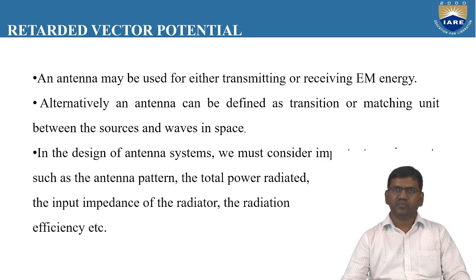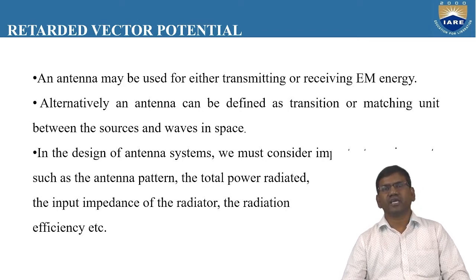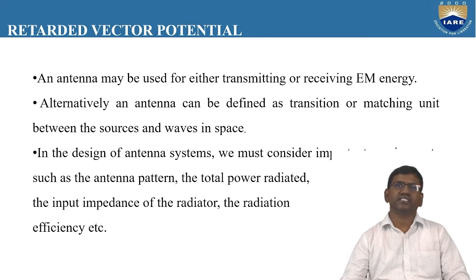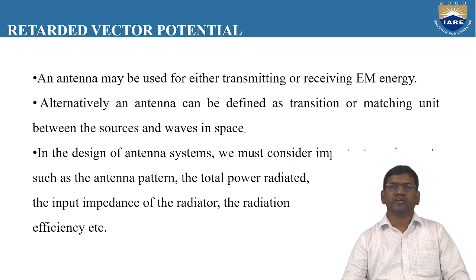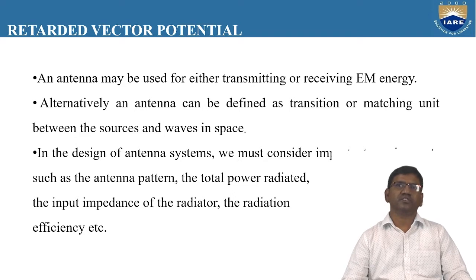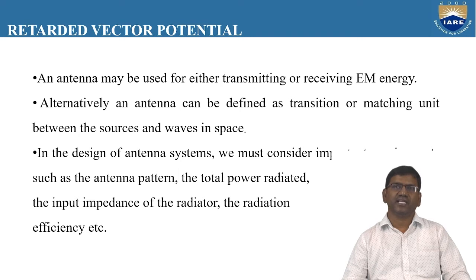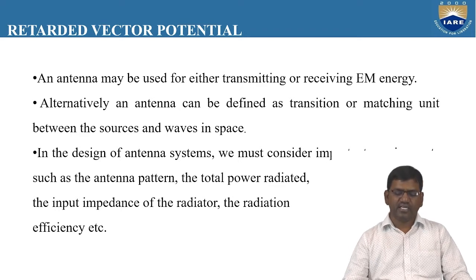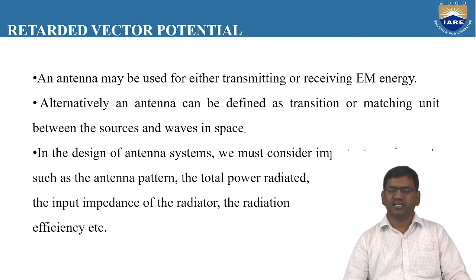All these things have to be taken into account whenever we want to calculate the total retarded vector potential at a distance point P. The important parameters regarding the antenna are the radiation pattern, the input power given, the amount of power radiated, the input impedance of the transmission line, and the radiation efficiency of the antenna. All these have to be considered to calculate the electric scalar potential and the magnetic vector potential.